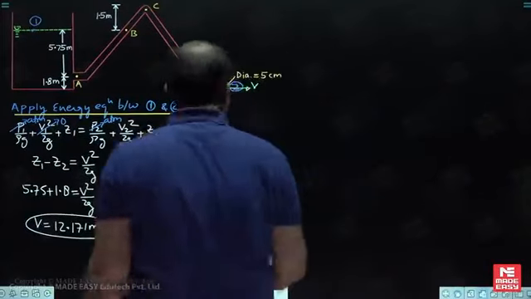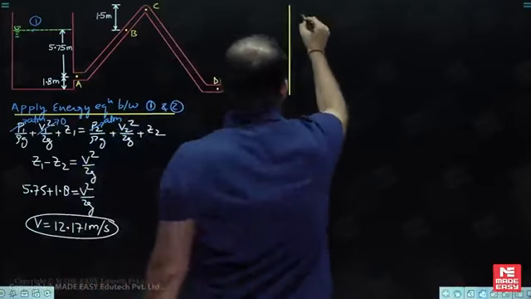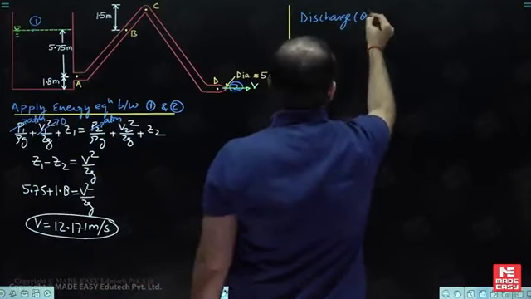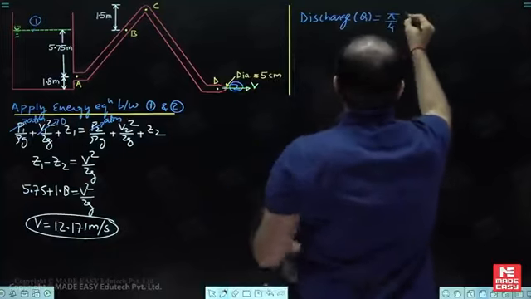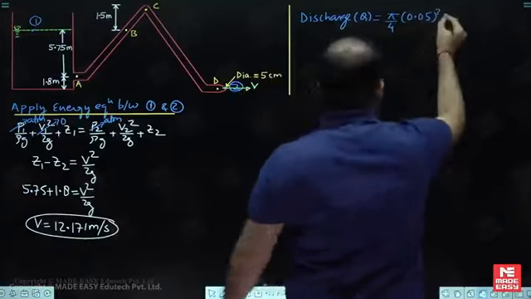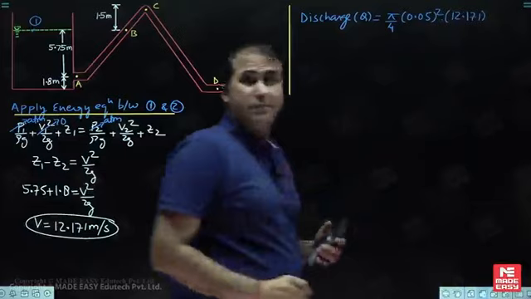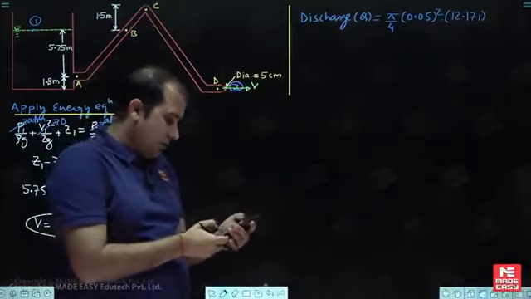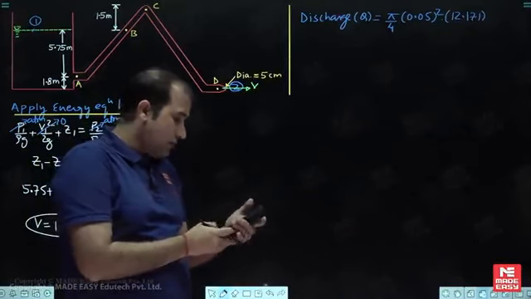So the discharge Q is equal to area, pi by 4 times diameter of 5 centimeter, that is 0.05 square, multiplied by velocity, which is 12.171.